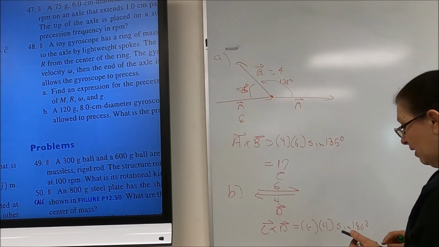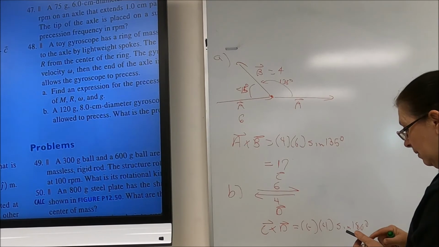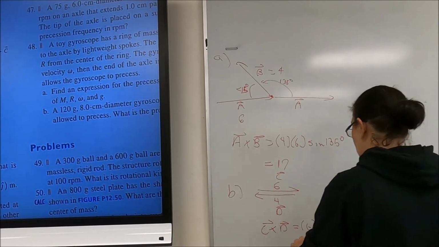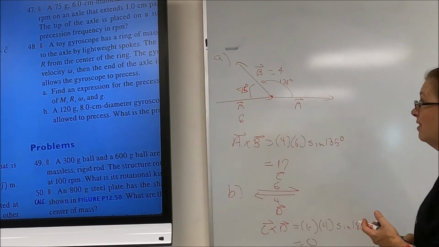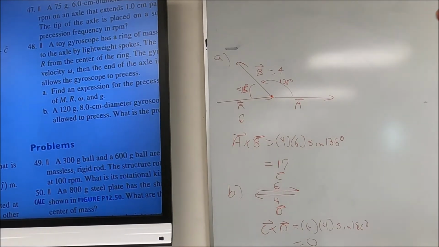If you take the sine of that, you get 0, so the cross product here is 0. Okay? So, cross products. You should be able to do a cross product.